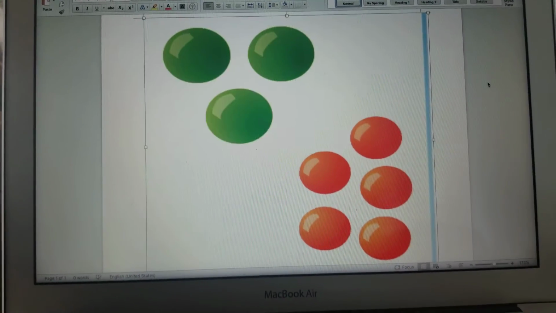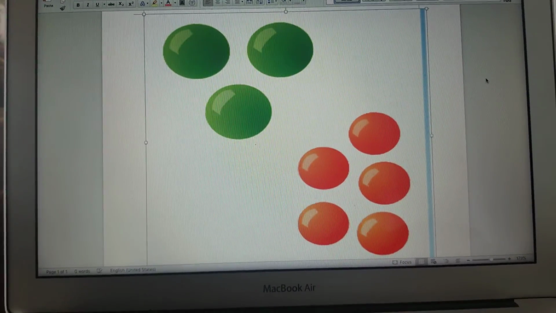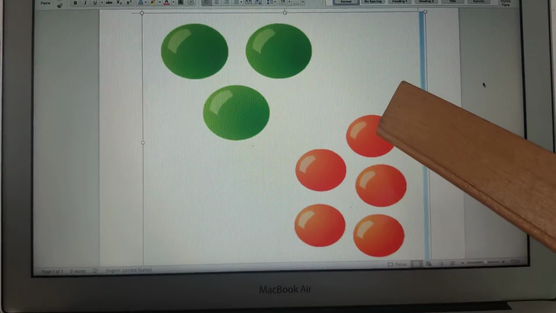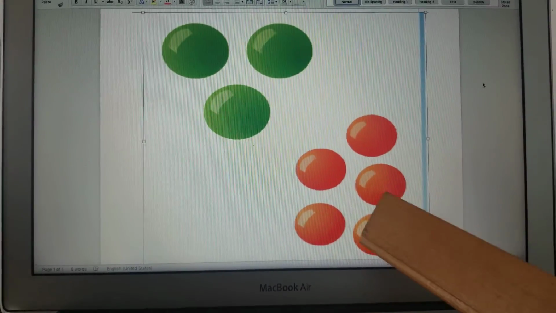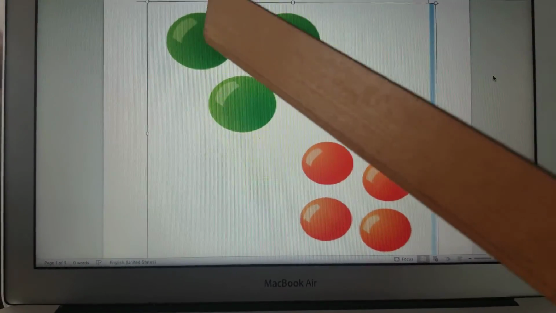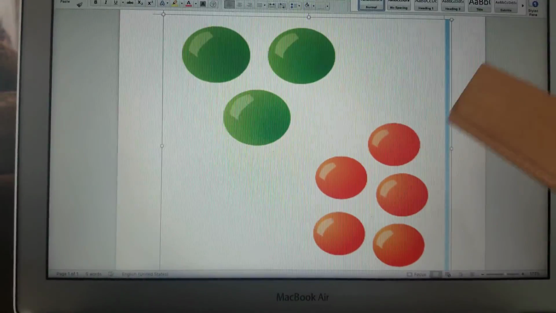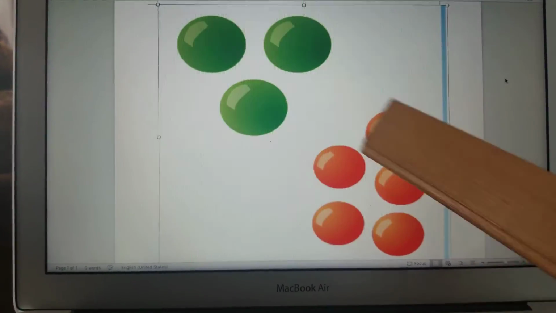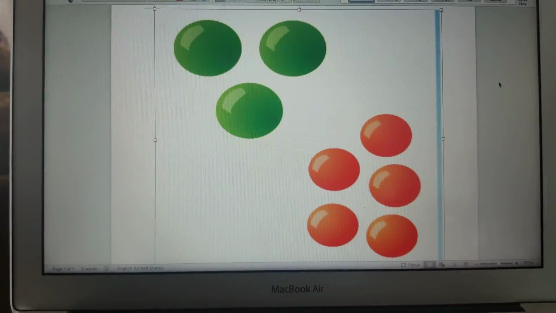Which set has more circles? This set has more. 5 circles is a greater number of circles than 3 circles. So 5 circles is more than 3 circles.